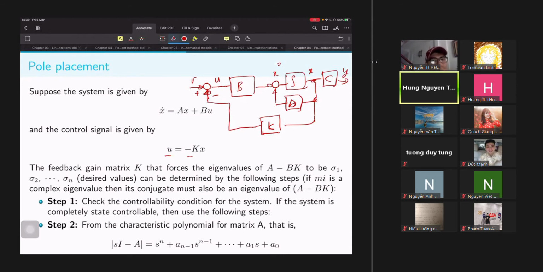So all of the state is available for the feedback loop. Then if r equals 0, u is equal to minus kx, because this is x.